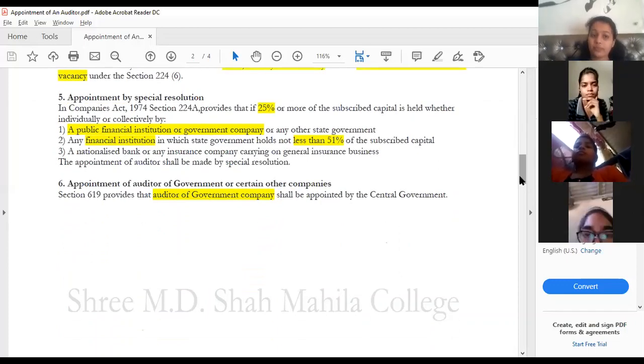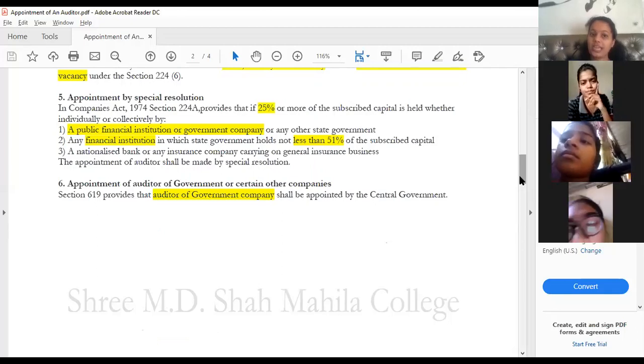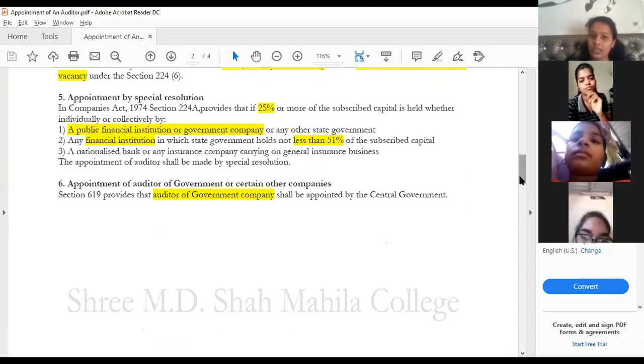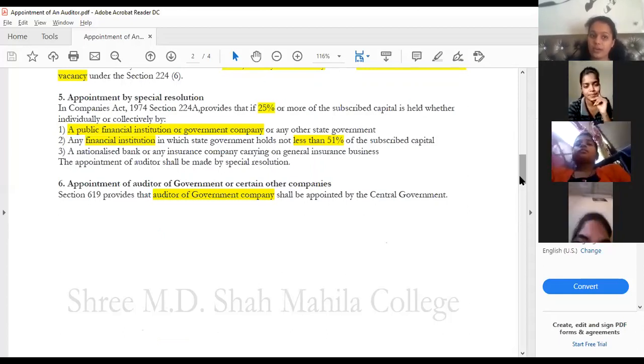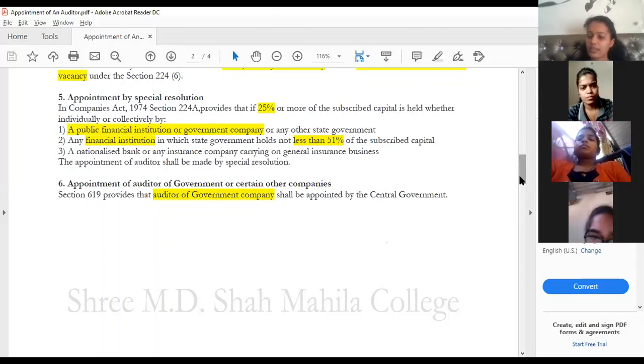As per section 224, whenever any company has more than 25% of subscribed capital in a financial institute, in a government company, or any financial institute wherein the government holds not less than 51%, and lastly a nationalized bank. So in these cases, these are the three cases where you need to pass a special resolution. What is special resolution, by the way?